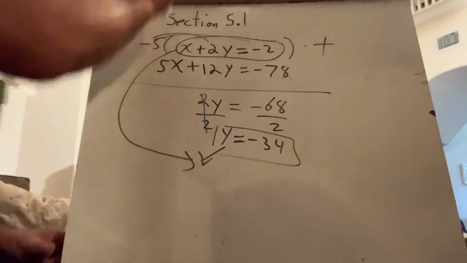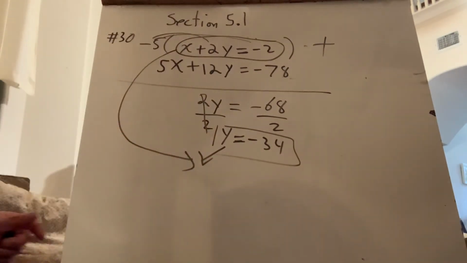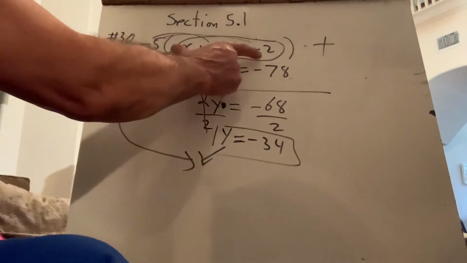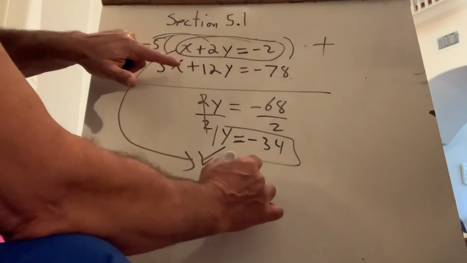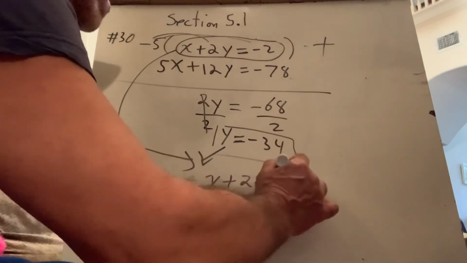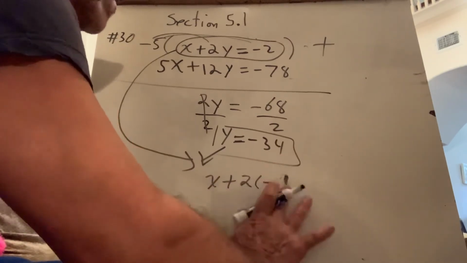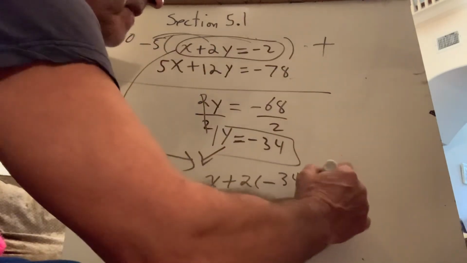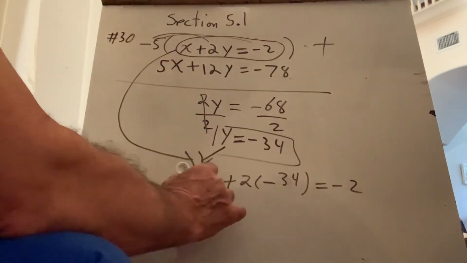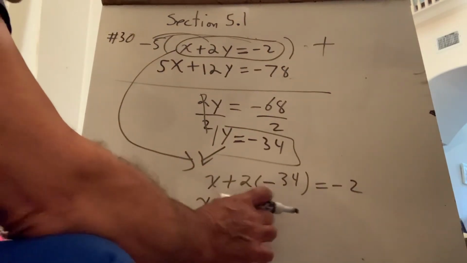Again, you can go to any other equation, they give you the same conclusion, but just as a matter of simplicity, this equation is probably the nicest one, which says x plus 2y. Don't forget, the y we found to be -34, so we're going to replace the y with this value, -34, and then all that equals -2. 2 times -34, which I believe is -68.